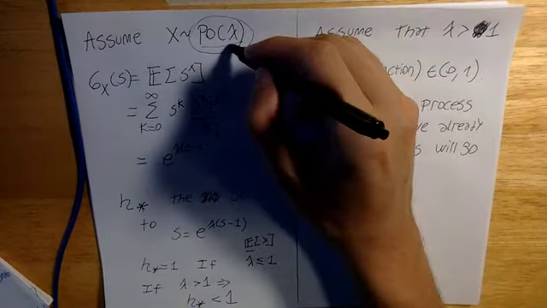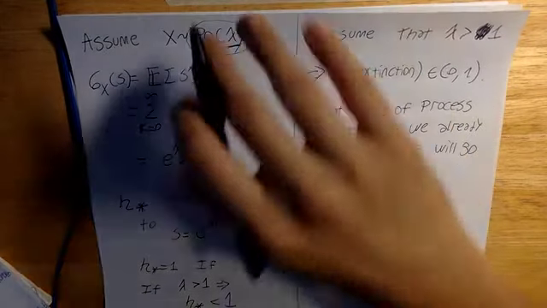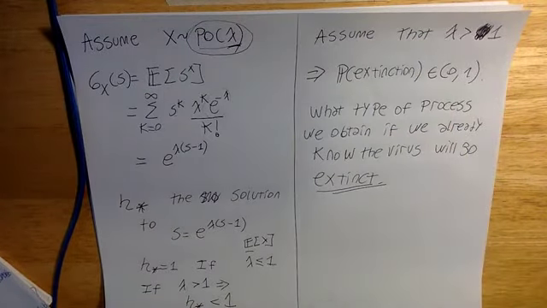Now, if we want to try to get this parameter lambda, but we know that it went extinct, we need to put this information into the system to actually try to get what the parameter lambda is. We are not going to calculate the lambda explicitly, but let's look at what I'm trying to say.